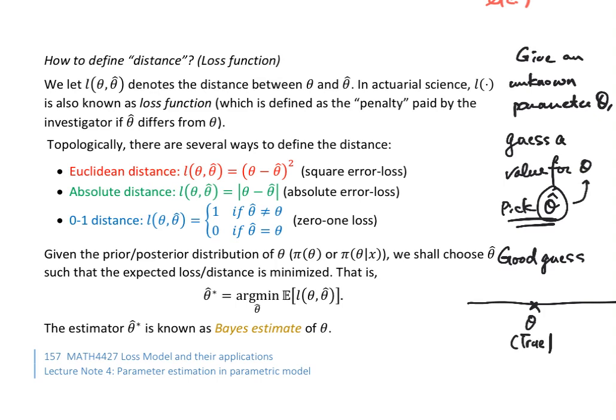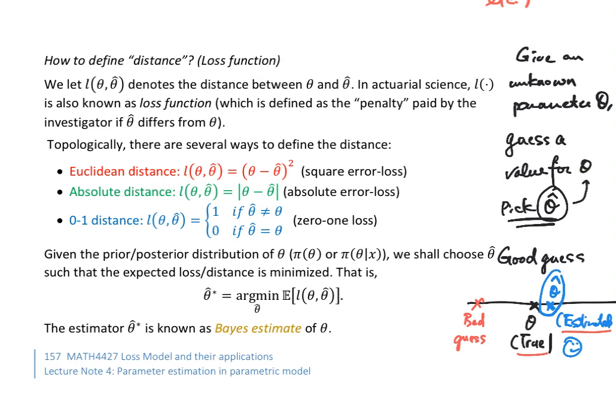The ideal case is we choose the point estimator such that the estimated value is close to the true value. Then that will be a good guess, right? Of course if it is far away, definitely this will be a bad guess. So our good estimator should be the one such that the estimated value is closest to the true value.